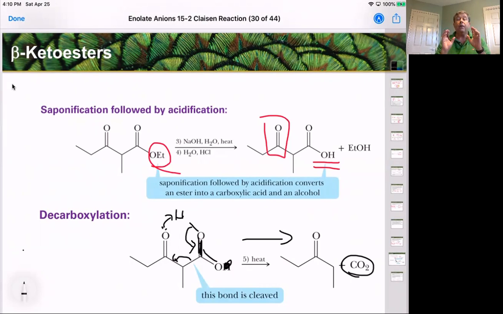So the whole reason you can get a beta carbonyl acid to decarbonylate is you form this six-membered intermediate here. Once you form that six-membered ring, it makes it very easy to lose CO2 and leave with your final product as a ketone.